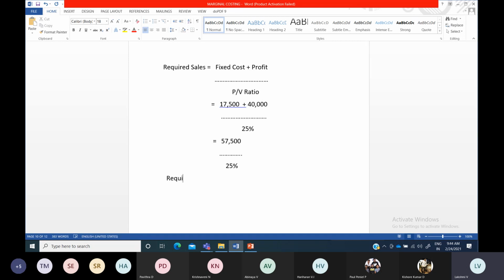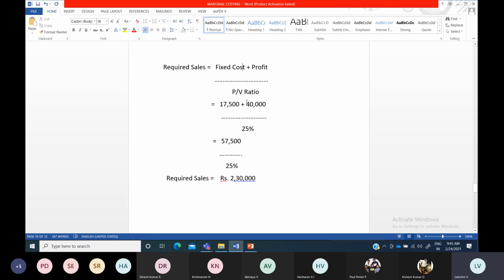That will be your required sales, in rupees. How much are you getting? 2,30,000. 2,30,000. Good. So this is our required sales.